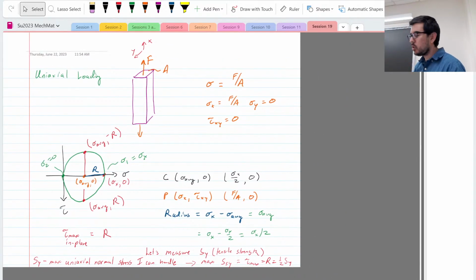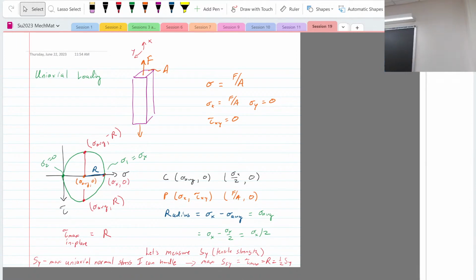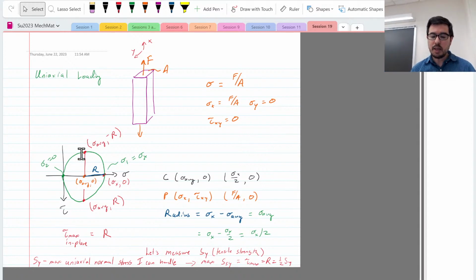So Mohr's circle is extremely powerful for these types of graphical interpretations of what's happening as we rotate an element. And notice, going from this state to this state, the angle is 2 theta equals 90 degrees. So it's a rotation of the element of 45 degrees.